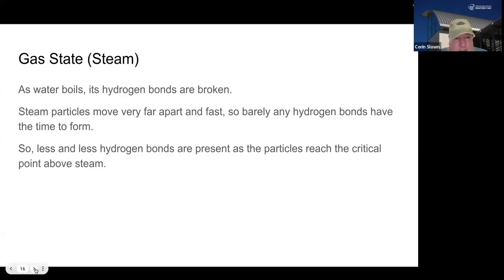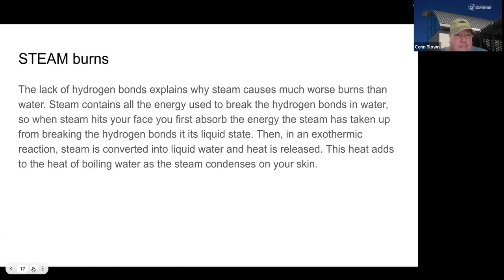Say you have a pot of water on the stove, that heat gets imbued into the steam particles and they start to move fast and far apart. They move so far apart that there isn't time for hydrogen bonds to form. As you reach the critical point above steam, fewer and fewer hydrogen bonds occur, and that fundamentally changes the behavior of these molecules.